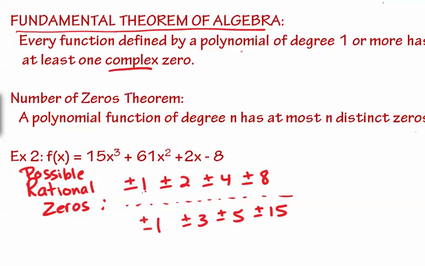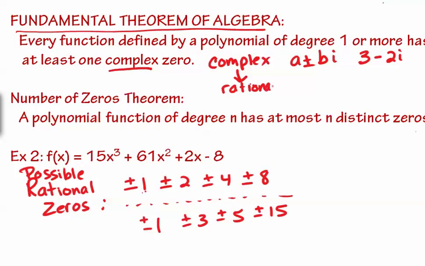And what form could they take? Complex numbers. Remember that a complex number looks like a plus or minus bi in standard form. So we could get a complex answer like 3 minus 2i. But remember that subsets of the complex numbers, we could have a rational number. And a rational number is complex because it could look like 7/3 plus 0i.